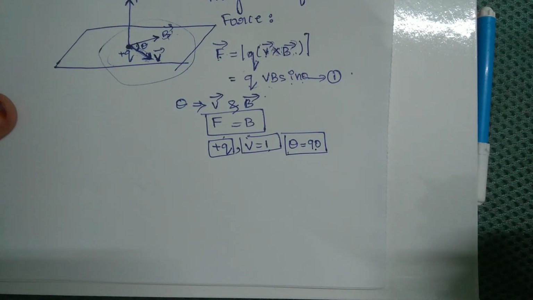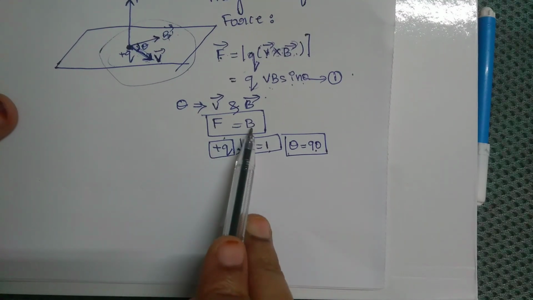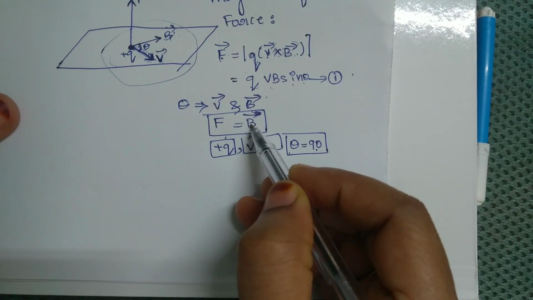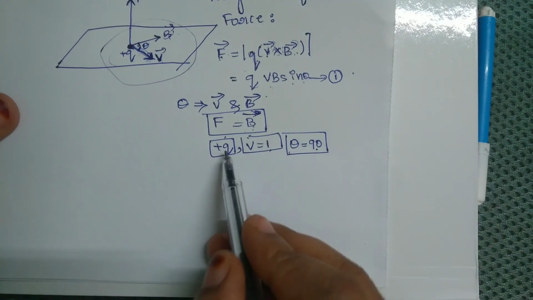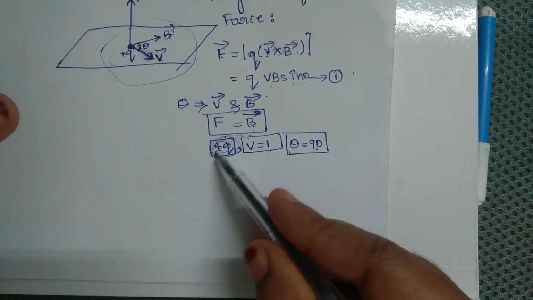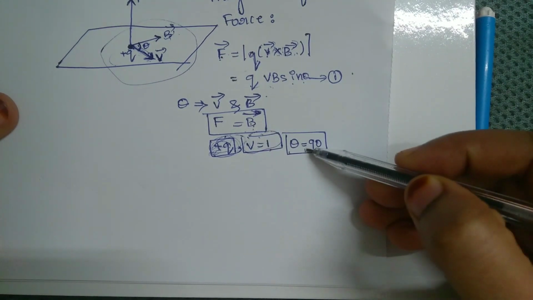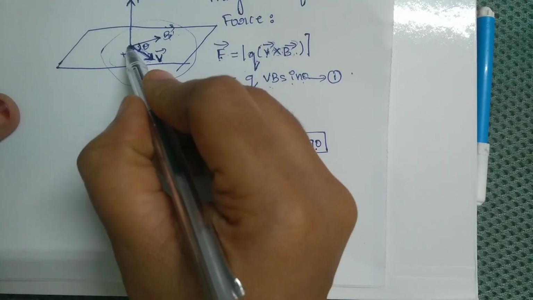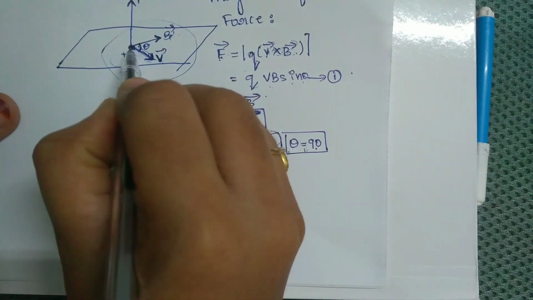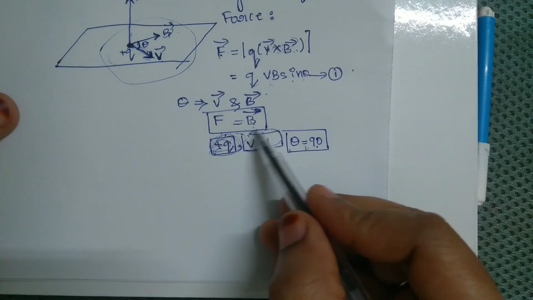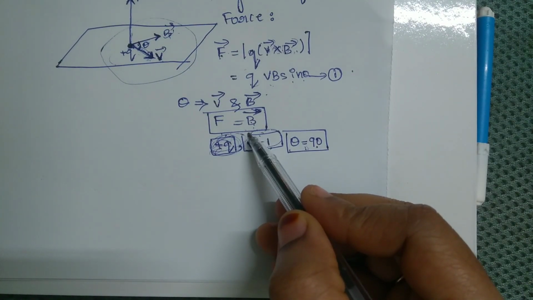So therefore we can say that the magnetic field B at a point is defined as the force acting on a unit positive charge moving with a unit velocity perpendicular to the direction of the magnetic field. When it is moving perpendicular to the direction of the magnetic field, we say that F equals B. Hope you have understood this.